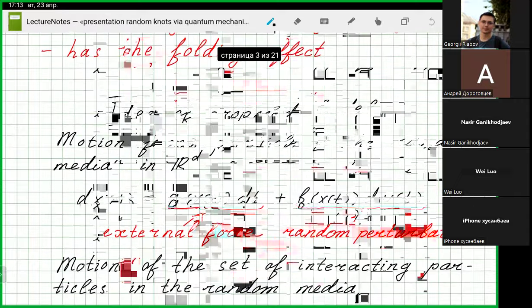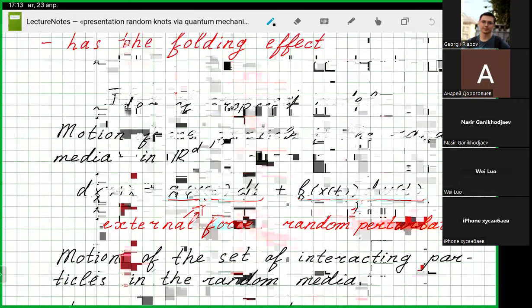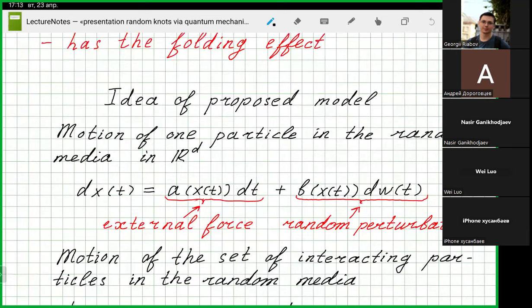So let us start. The motion of one particle in the random media in R^d usually is described by the Ito stochastic differential equation, where we always say that a is the coefficient which is responsible for the description of the external force which is acting on our particle, and b dW is the description of random perturbation.